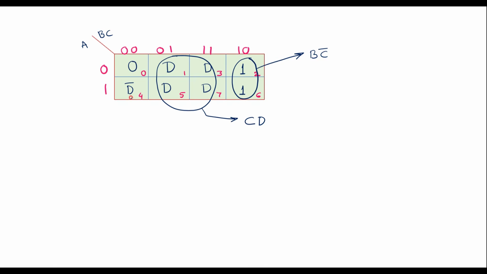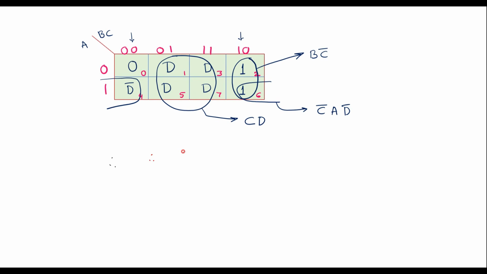Now there is one more variable D bar. This D bar can be grouped with ones or don't cares. So here D bar can be grouped with this and this together to form a pair. The value of this will be, the common between these two columns is C bar, and here it is A, and this one is D bar.